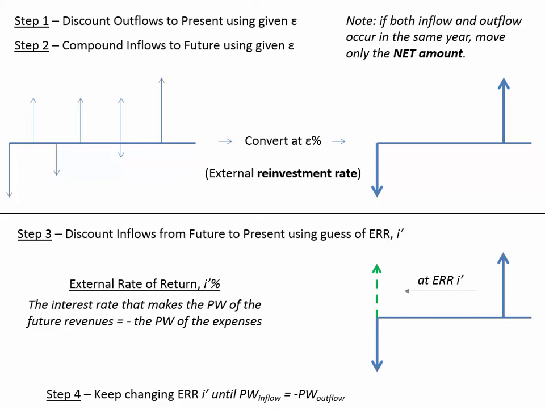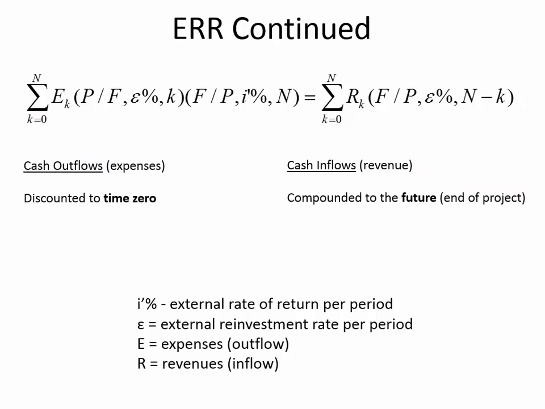Let me show you just one more way to understand what's happening here, and that is looking at these formulas. These are the formulas we've seen a lot of times before. So this formula summarizes the method. Let's see how it's summarizing the method. What it's saying is you take all of the amounts to the present from the future at epsilon that are expenses. So all of the outflow, all of your expenses, take to the present.